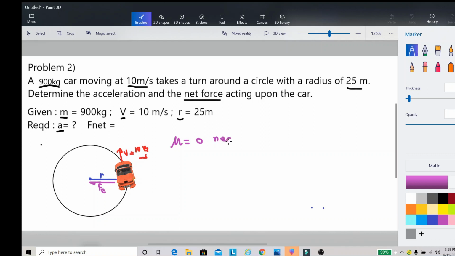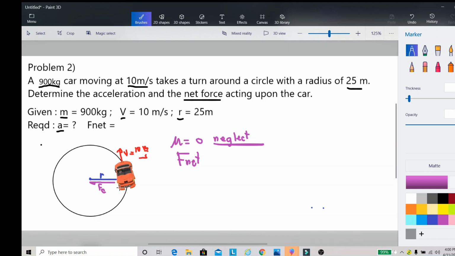Neglect friction. Otherwise, kung may binigay na mu, what will happen is we get the F net. But in this case, we do not have mu. We are going to neglect the friction.